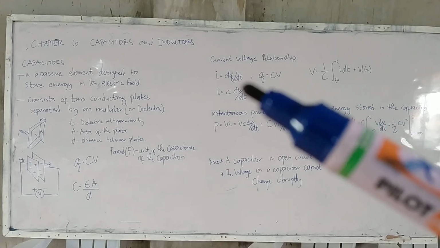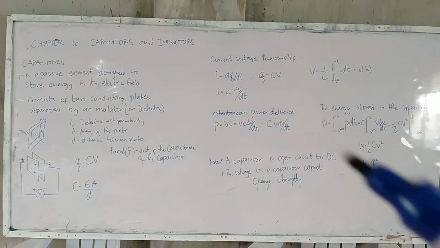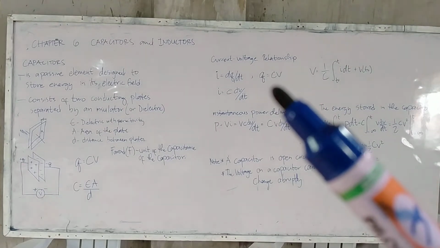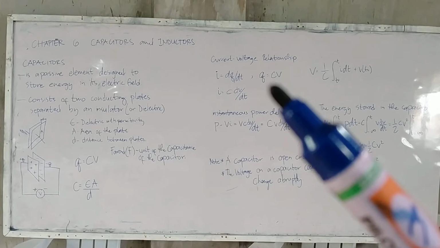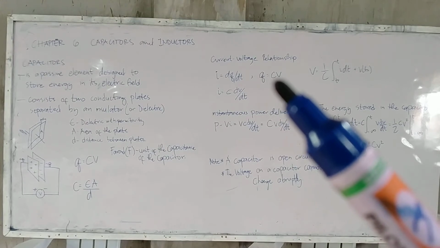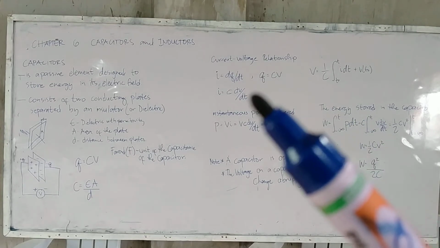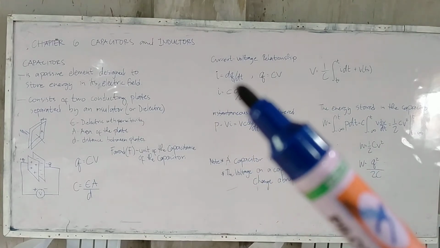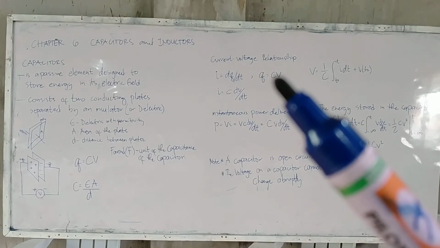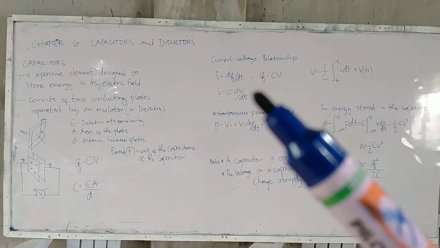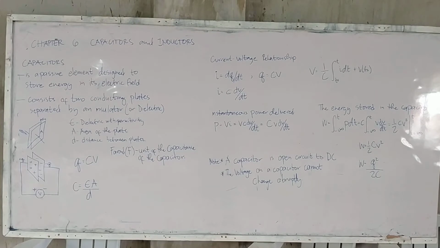Since the current is the change of charge with respect to time, and the value of C is constant, the only thing that changes is the voltage. Therefore, if we change dq over dt in terms of capacitance and voltage, we simply have i is equal to C dv over dt. And that's the relationship between the current and the voltage.